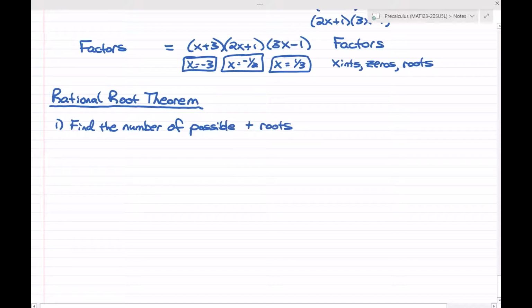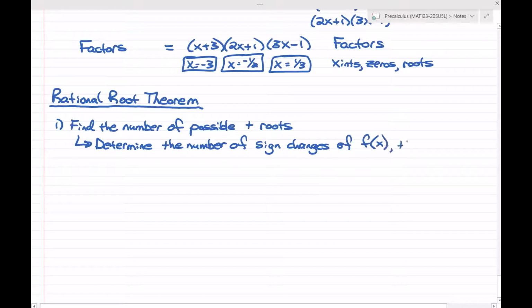And the way that we find the number of possible positive roots is we determine the number of sign changes of f of x, and then subtract by 2 until you get 0.